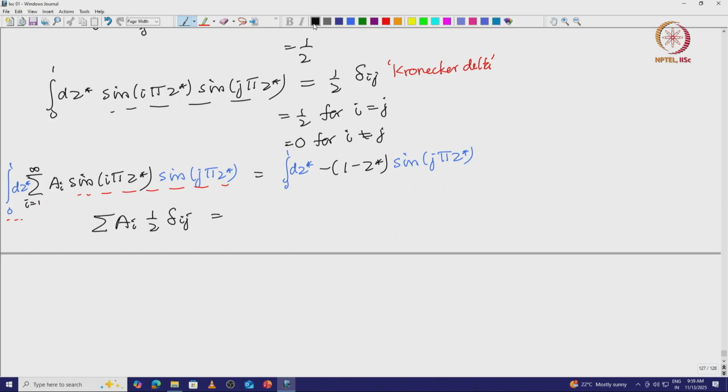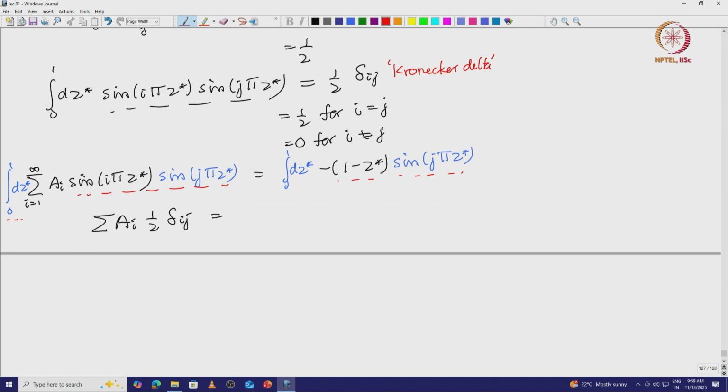And on the right side you can do this integration by parts as a function of j. I will not go through the details, it is just a straightforward integration. You first differentiate 1 minus z star, integrate sine j pi z star, and then get the second term and do the integration by parts.